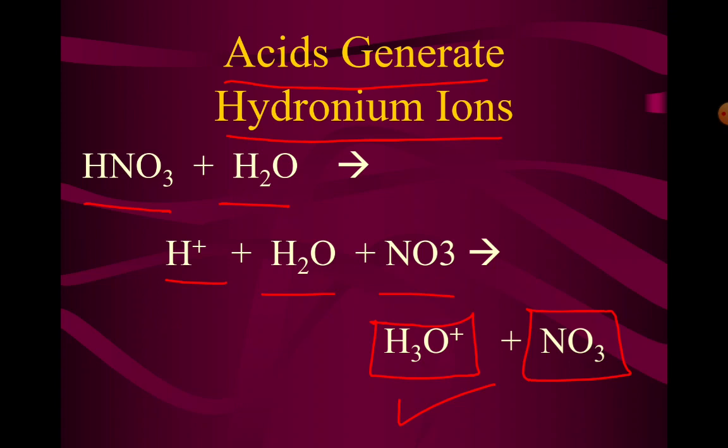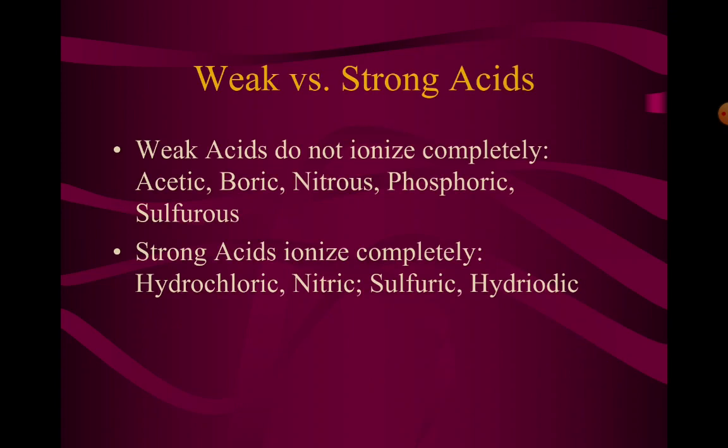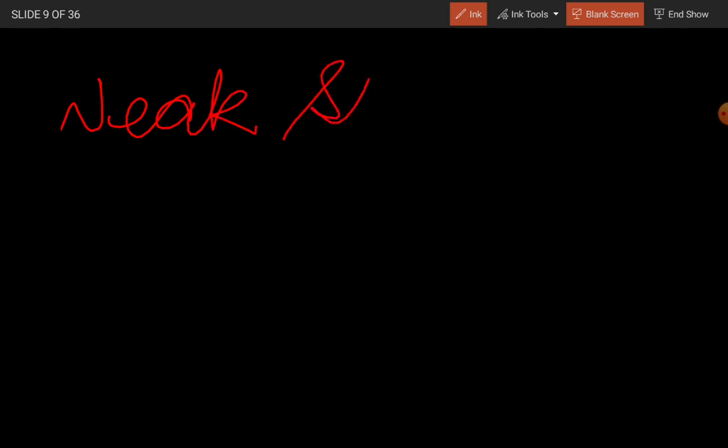Now let's discuss the next thing, weak versus strong acids. There are two types of acids, students, weak acids and strong acids. Now see how they are related. As I have already told you, acids have a pH between 0 and 7.